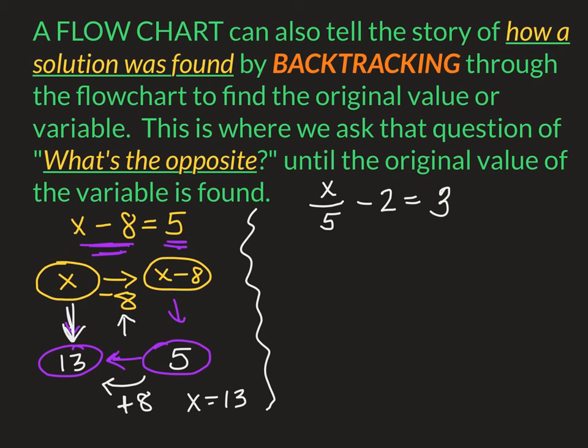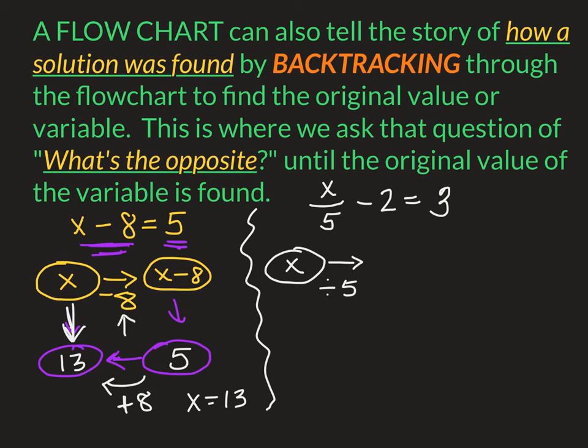Okay, so first we have to tell the story of x. So here's x. What's the first thing that happens to x? It's divided by 5. So the first part of the story of what happens to x is that it's divided by 5. This is the only place it's really appropriate to write that old division sign that you've been writing for so long. Remember, we always divide with a fraction bar now.